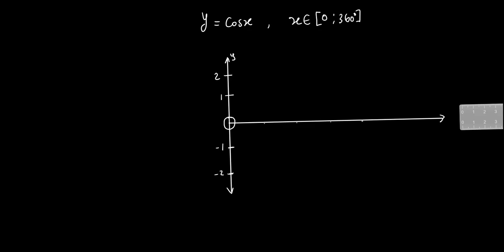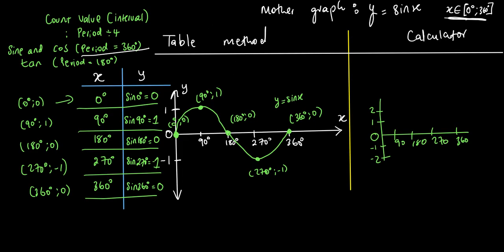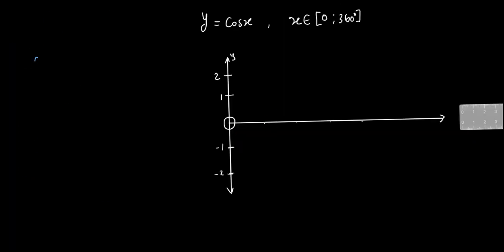So because of that, the count value is going to be 360 degrees divided by 4, which gives you 90 degrees. So when you count there, you're going to say 0, 90 degrees, 180 degrees, 270 degrees, 360 degrees. Then now you're going to use the table.